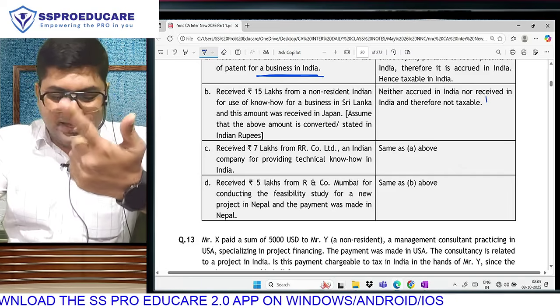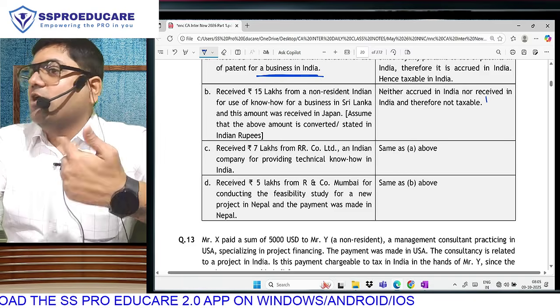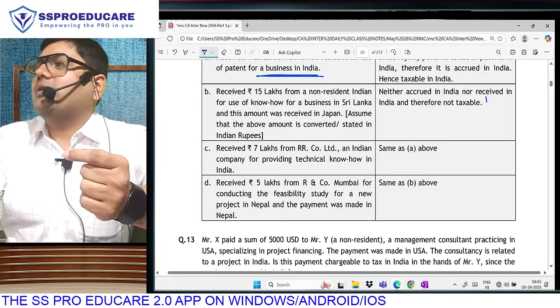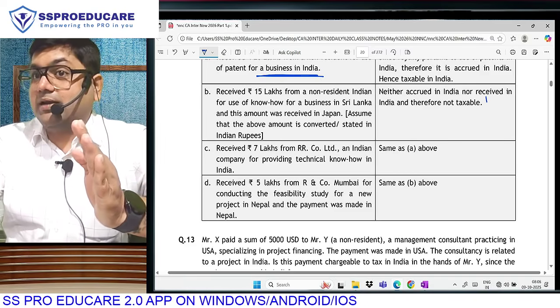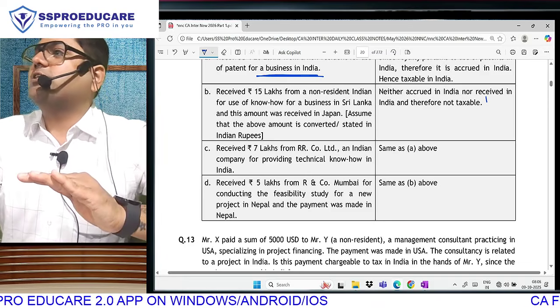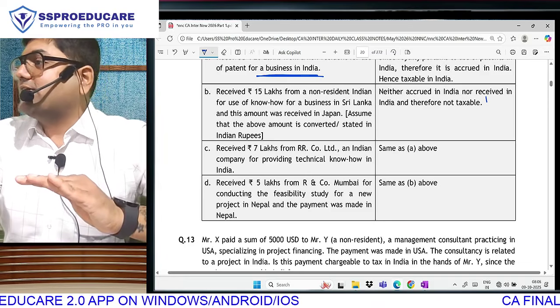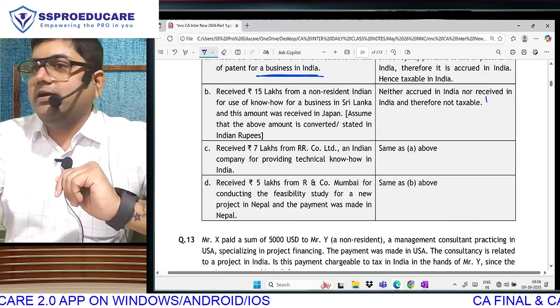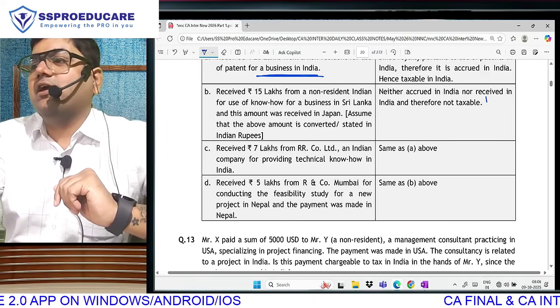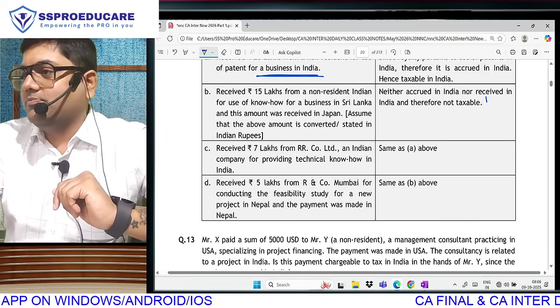Work done is not there because this is fees for technical services. FTS, when paid by a resident, is deemed to be Indian income except if it is used outside India, and in this case the services were used outside India, payment was done outside India, therefore Indian income became foreign income.